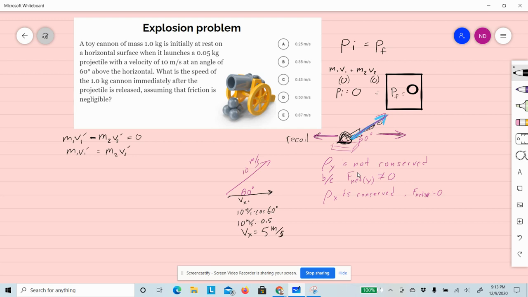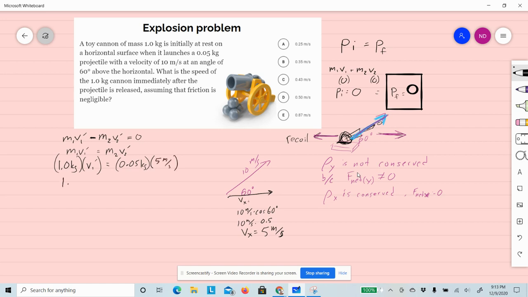That's very important. So we talk about the mass of the cannon, 1 kilogram here, times the recoil velocity, that's what we're paying attention to, is equal to the mass of the cannonball, 0.05 kilograms, multiplied by its speed after the explosion, which, in just the horizontal, is 5 meters per second.